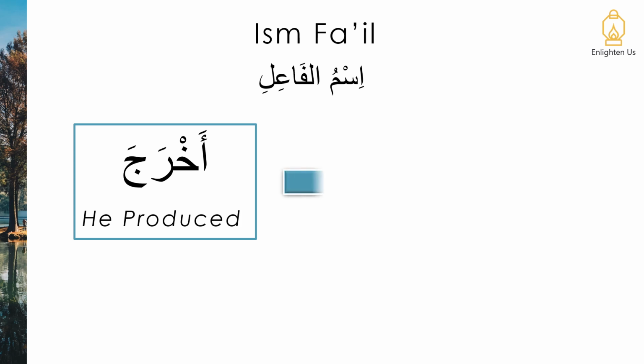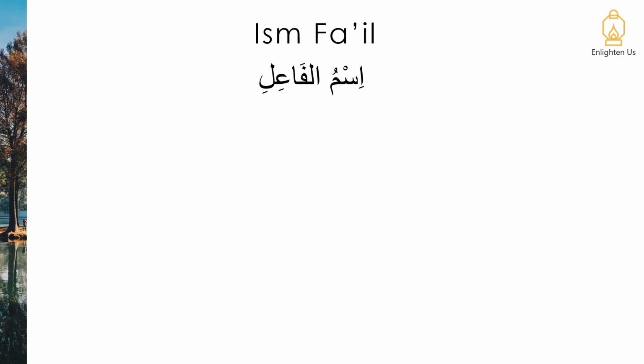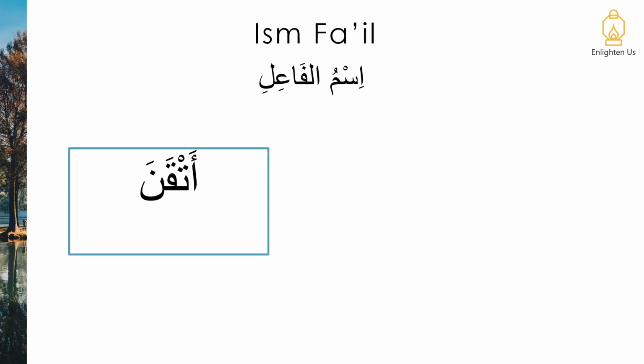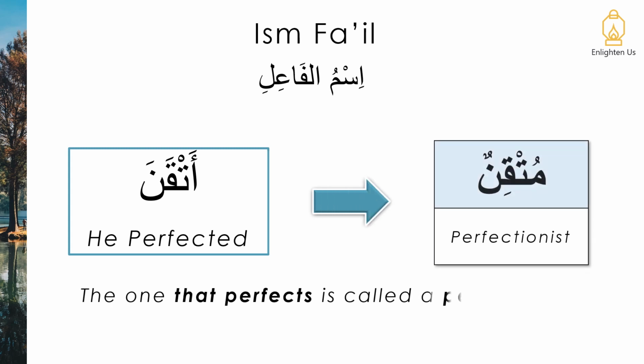Akhraja, he produced. The one carrying out the verb, mukhrij, producer. Atqana, he perfected. So the one perfecting is called mutqin, perfectionist.